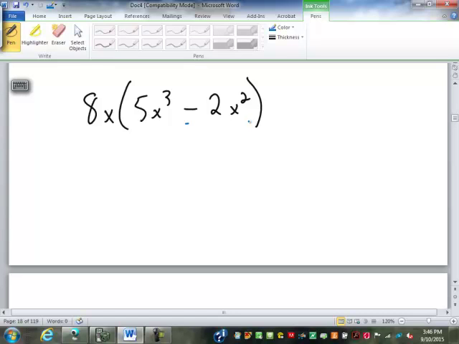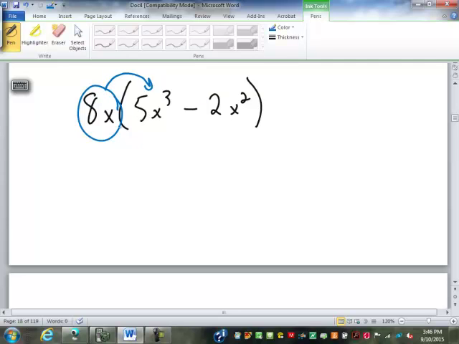We always check, is there anything we can do inside those parentheses? Well, 5x to the 3rd minus 5x squared, do they have the same name? No. X to the 3rd is slightly different than x squared. So it's not quite the same name. I cannot combine those. So is there anything I can do to the parentheses? Yeah, it's times 8x. I can multiply anything.